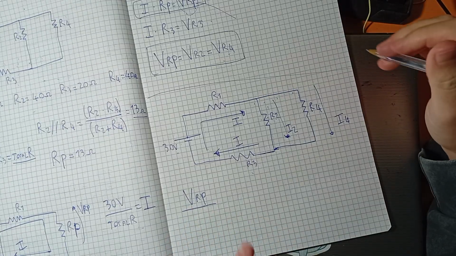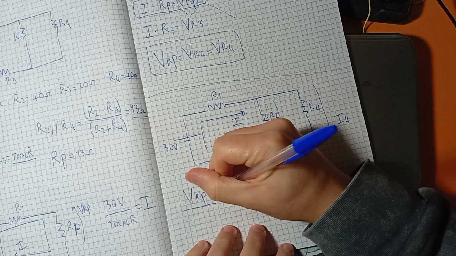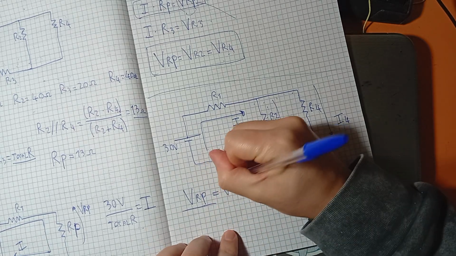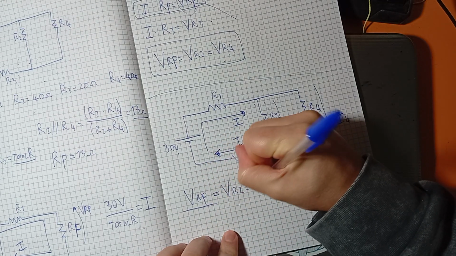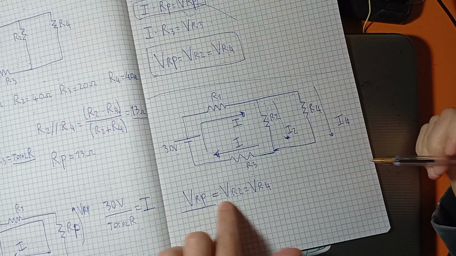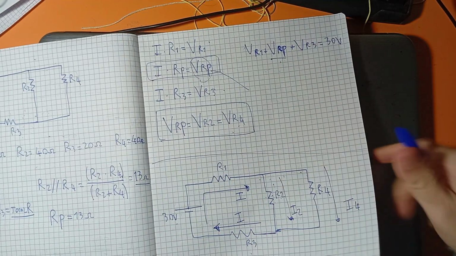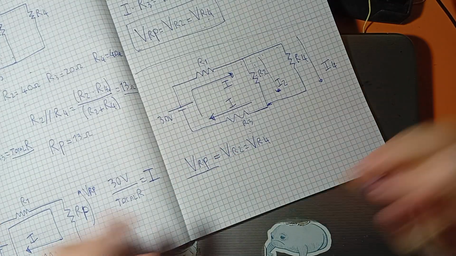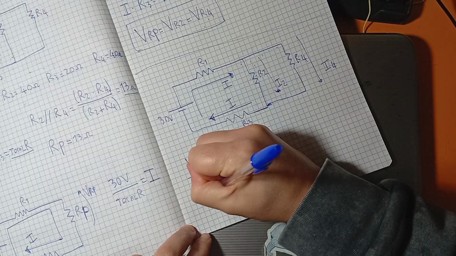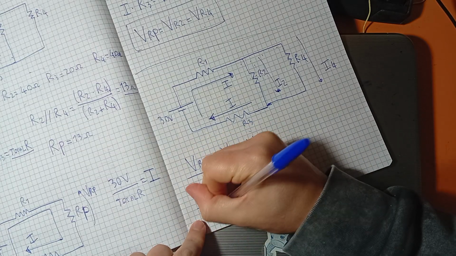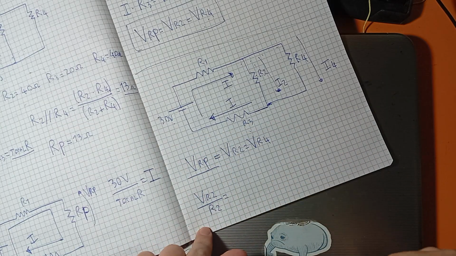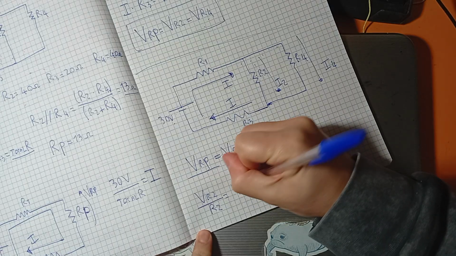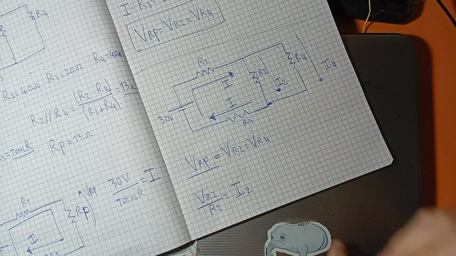What will happen here is that VRP is equal to VR2 and VR4, as we have already seen. Now I divide VR2 by R2, and I obtain I2, this smaller current.